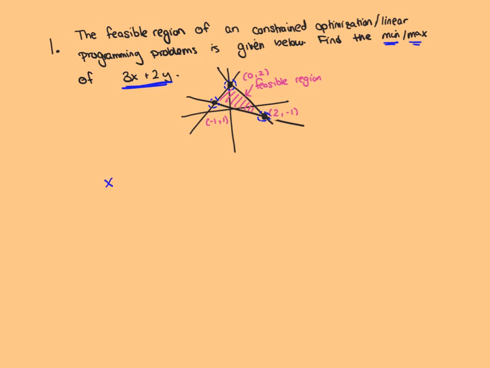So I'm going to make a table here: x, y for my points, and then the objective function 3x plus 2y. For the first point, negative 1, 1, I plug that in, I get negative 3 plus 2 is negative 1. The second one, I have the point 2, negative 1. Plug that in. 6 minus 2 is 4.